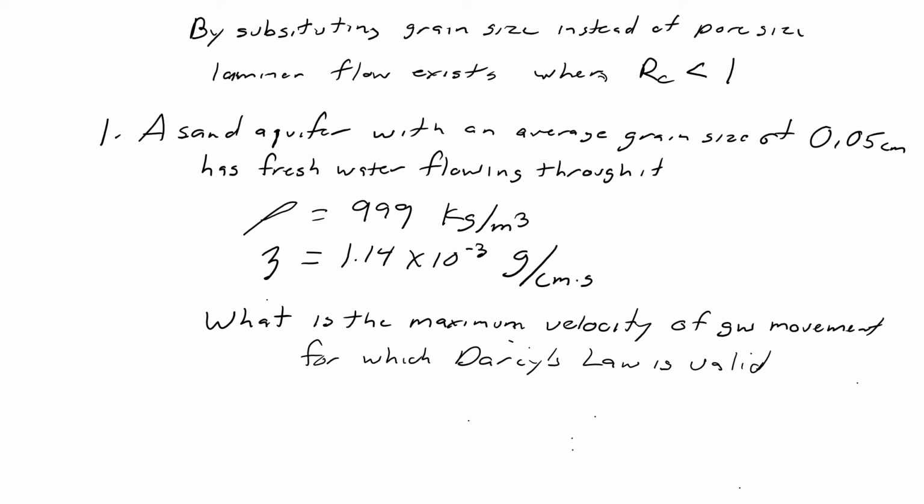I guess you could make your Reynolds number 0.999999999 instead of 1, and you're going to get the same answer. So use 1. And the maximum velocity is anything less than that. Or I guess the maximum velocity is just barely less than that.